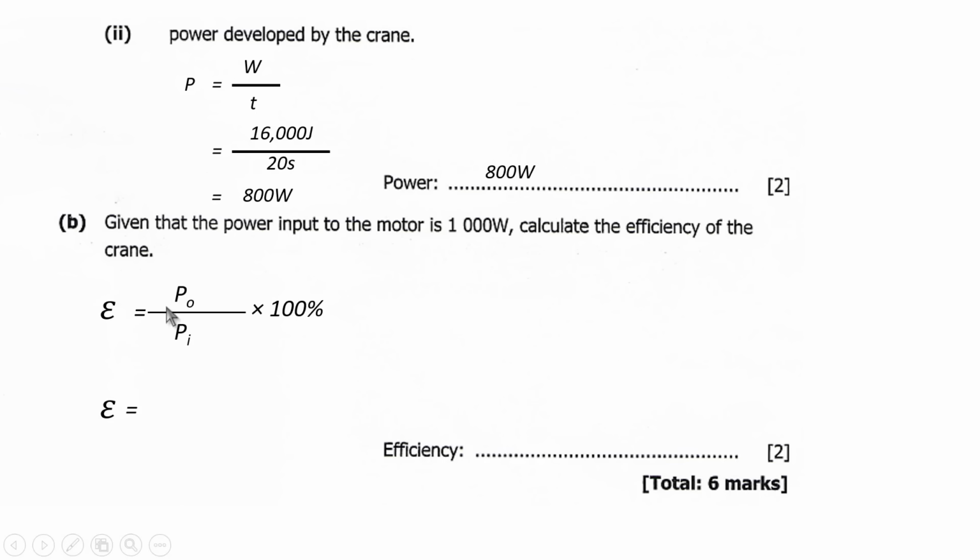Power output is what we have calculated here, the power developed by the crane, which is 800 watts, over the power input, which they have given us as 1000 watts, times 100%. Then if you evaluate this, you get 80% as the efficiency.